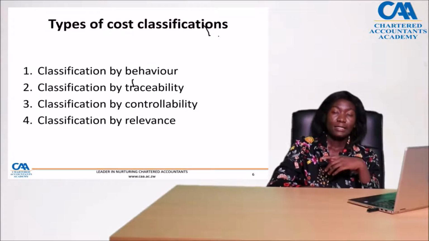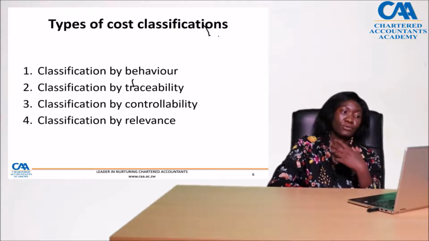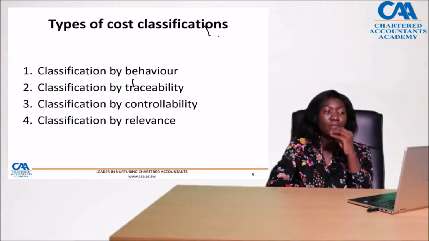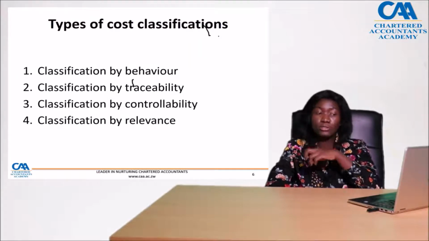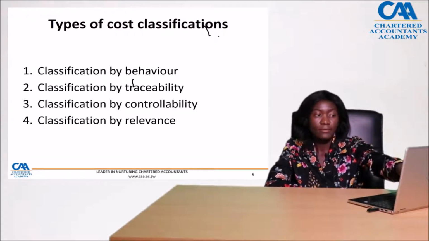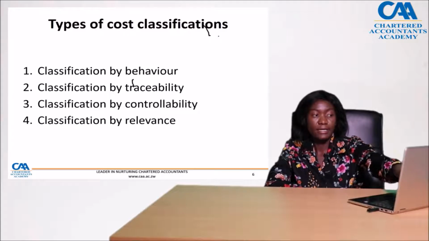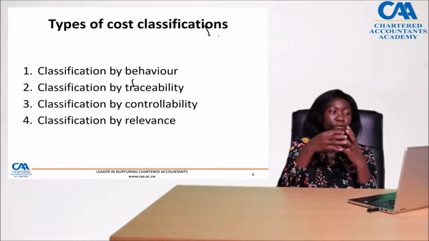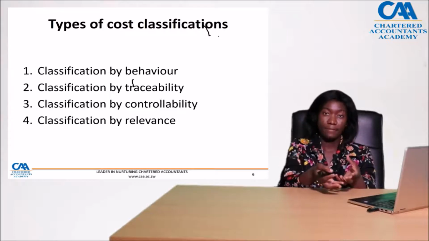And in the same class, we have what we call opportunity costs. Opportunity costs measure the benefit that is lost or sacrificed when one course of action is taken. That requires an alternative course of action to be given up.